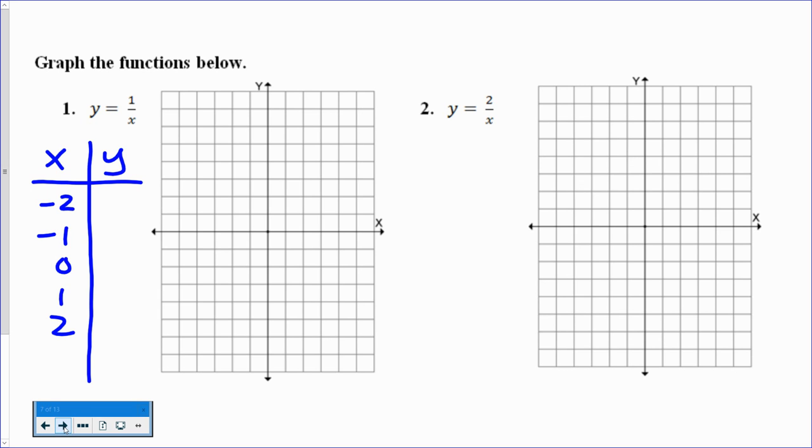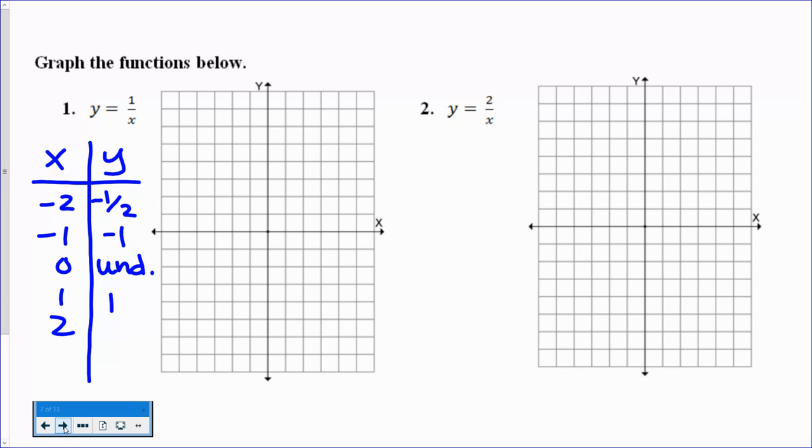If I throw in -2, I'm doing 1 divided by -2, so that's -1/2. When I plug in -1, that's just 1 divided by -1. When I plug in 0, that's undefined because I can't divide by 0, so I can't have a point at 0. That represents my asymptote.